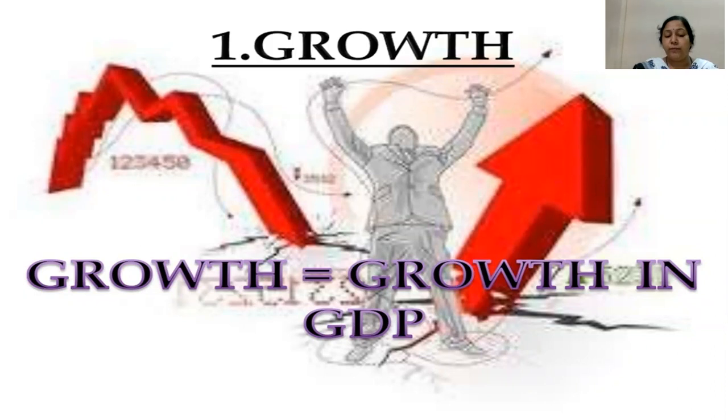GDP refers to the market value of all the final goods, which we cannot reuse and which are only meant for selling or purchasing, and services produced in the country during a period of 1 year.